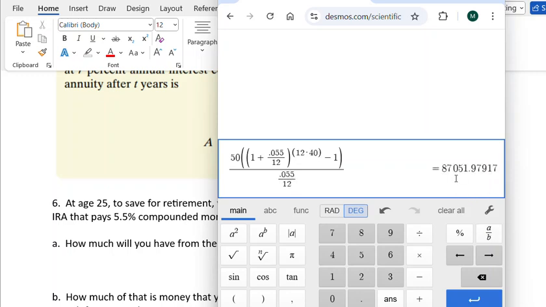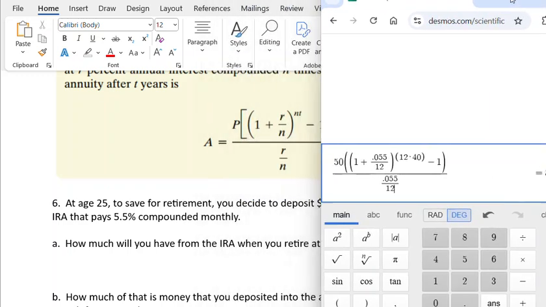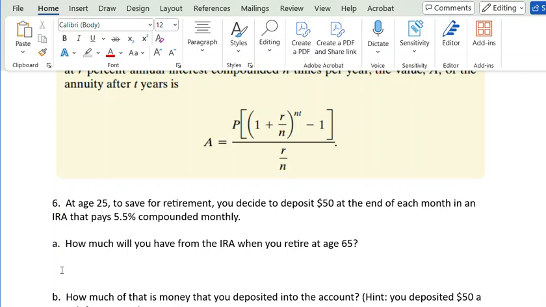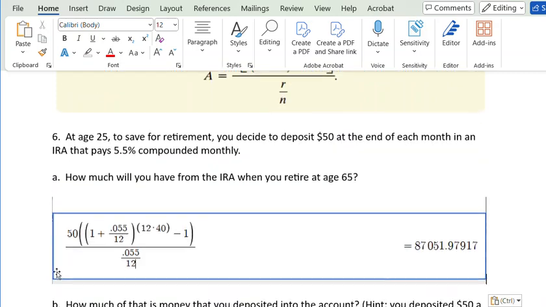And I get my answer of $87,051.98 when I round. So what I'm going to do is I'm going to screenshot that calculation and paste it in my notes here, just because I think it's easier to see this way when it's written out in the formula.